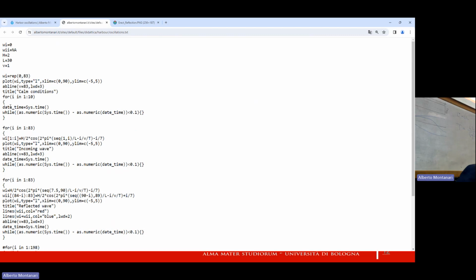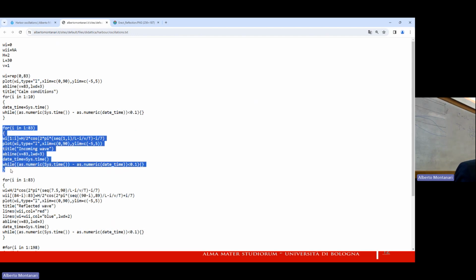And then there is basically here an instruction that gets the system time in order to give the animation. So as the system time progresses, we get the wave propagating. The function system time is getting the time from the system, from the PC, so that you have the propagation. And in fact here, for the incoming wave, you have the animation as the time progresses.